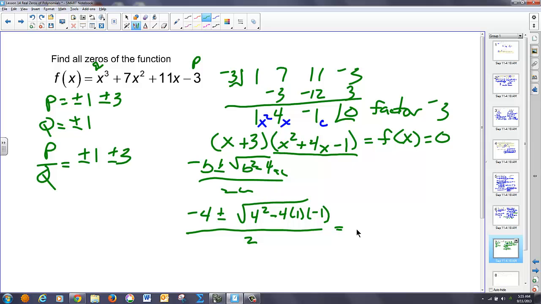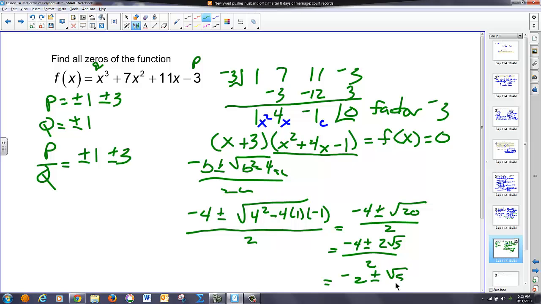And that's going to end up getting me negative 4 plus or minus the square root of 16 plus 4, which is 20, over 2. This is going to simplify to negative 4 plus or minus 2 root 5 over 2, which again reduces to negative 2 plus or minus root 5.